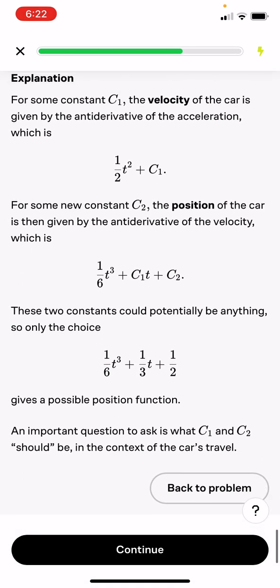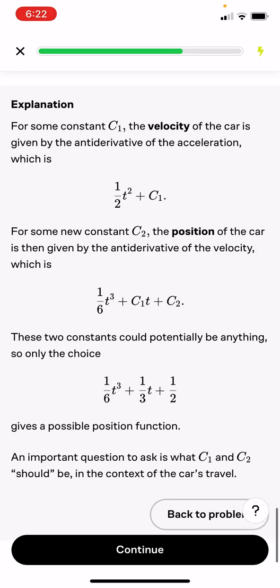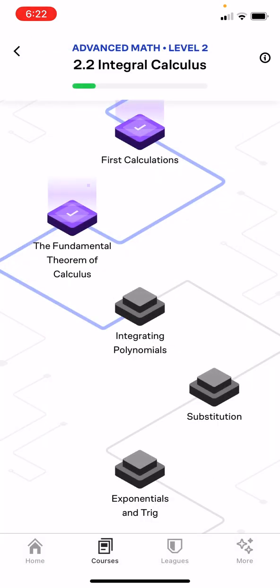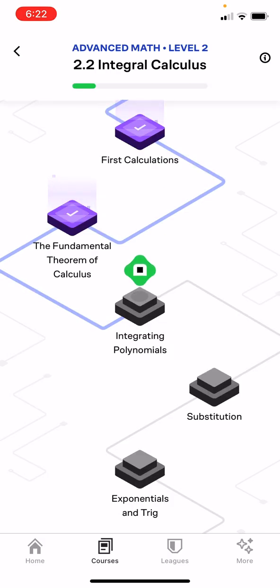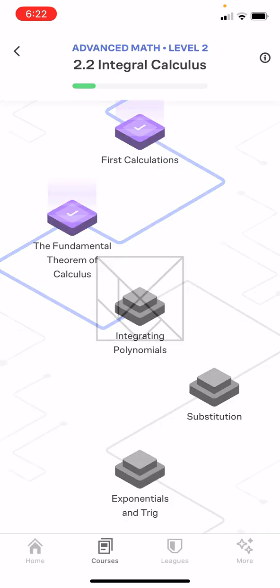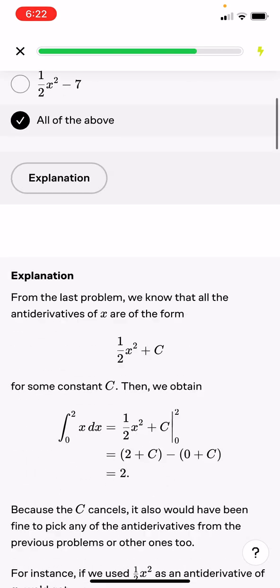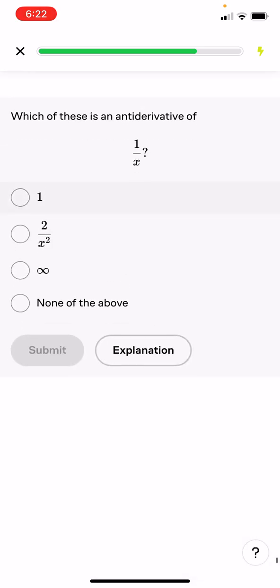For every constant c1, the velocity of the car is given by the antiderivative of the acceleration, which is 1 over 2 t squared plus c1.